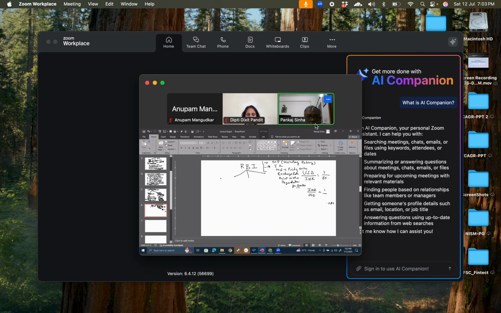So there are public sector banks, private sector banks, foreign banks, and NBFCs, non-banking financial companies. These are all under the regulatory governance of the RBI.